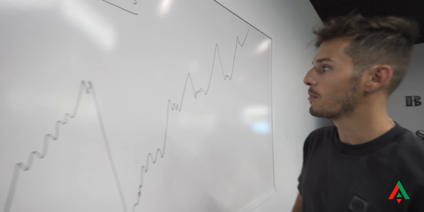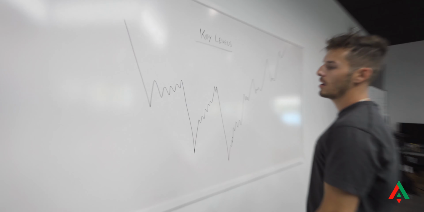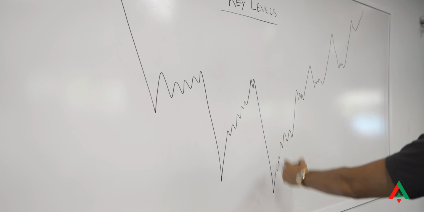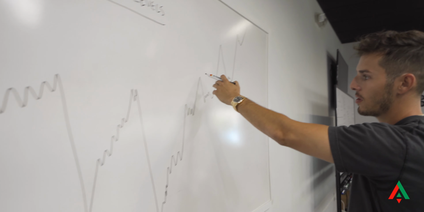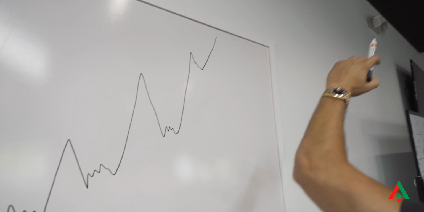All right, to the moon. Okay, so the first thing that we can notice here is the market's coming down, comes up, drops, comes back up, drops, drops, back up, supports a little bit, up, supports a little bit, and then gone.